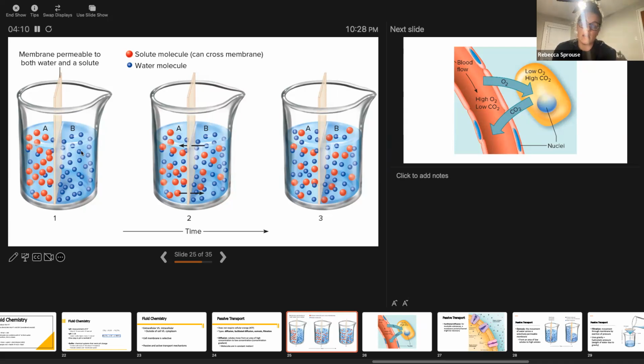And actually, while that's happening, you can see these blue ions, which are water molecules, also moving over to side A because they are very high on this side compared to this side. So they're actually going to move as well. Because that's water, we're going to talk about that in terms of osmosis in just a little bit, but it's the same idea. Okay, and then eventually over time, we reach the state of equilibrium.